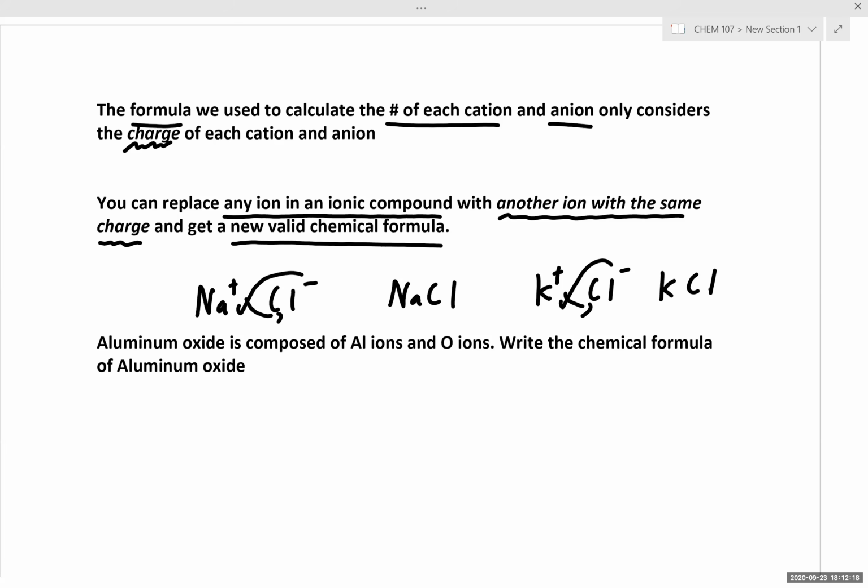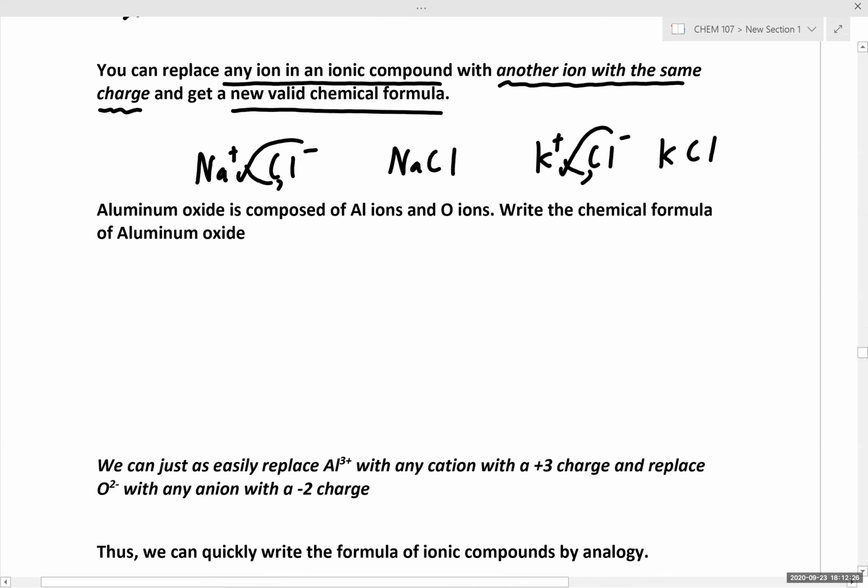Now, we can take this one step further and even start performing substitutions when we have polyatomic ions. So let's look at an example of aluminum oxide. Aluminum oxide is composed of aluminum and oxygen ions. Aluminum is a 3A metal, so it prefers to form Al3+. Oxygen is a 6A nonmetal, so it prefers to form O2-.